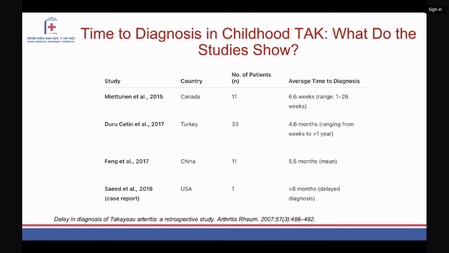In Turkey, they found a much longer average, 4.6 months. Some cases took more than a year to be diagnosed. These studies clearly highlight a major challenge. Early diagnosis is very difficult in Takayasu arteritis in children.